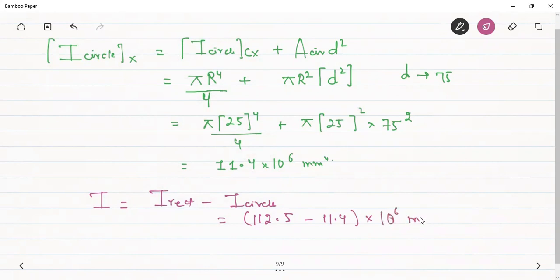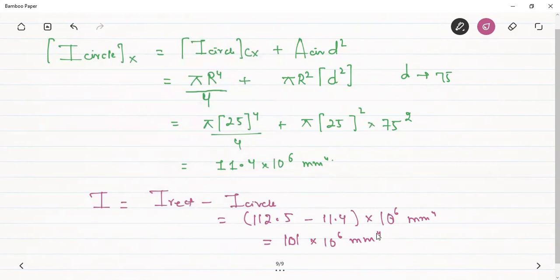This is 10 to the power 6 mm to the power 4, and this will be equal to 101 into 10 to the power 6 mm4. Actually it will be 101.1, but we can take it as 101 into 10 to the power 6 mm to the power 4.